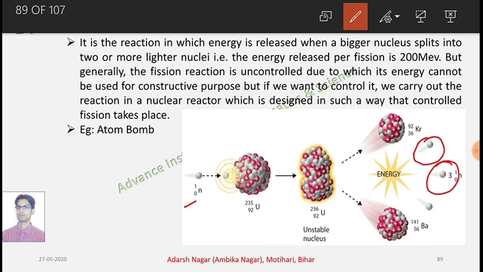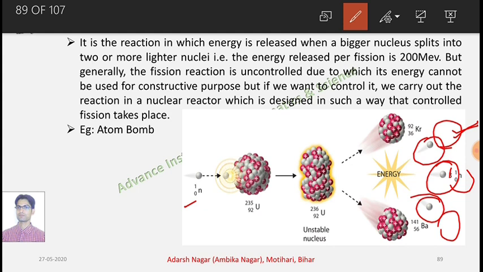You can see here the 3 extra neutrons, and this reaction continues again. These 3 neutrons strike other uranium 235 nuclei. Again each neutron splits a uranium 235 into two smaller nuclei, barium and krypton.